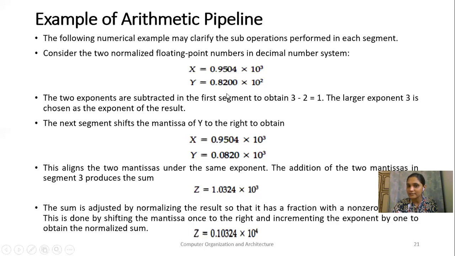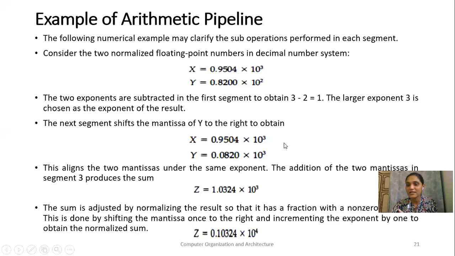How can you adjust this? If you shift the decimal point to the left, you can increase your exponent by 1. Each shift increases the exponent by 1. So instead of writing y as 0.8200 into 10 raised to 2, we can also write it as 0.0820 into 10 raised to 3.